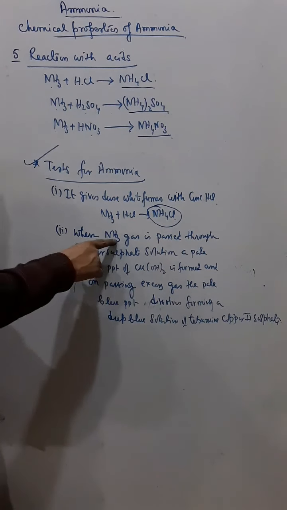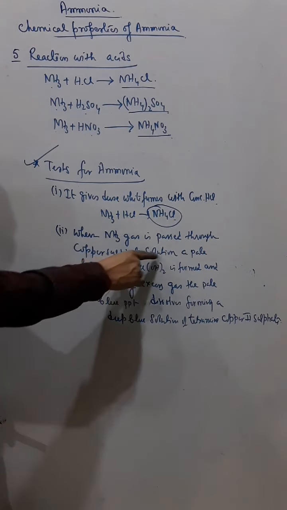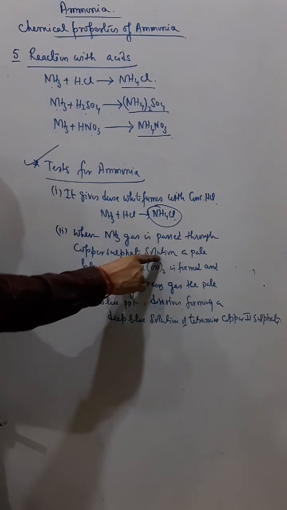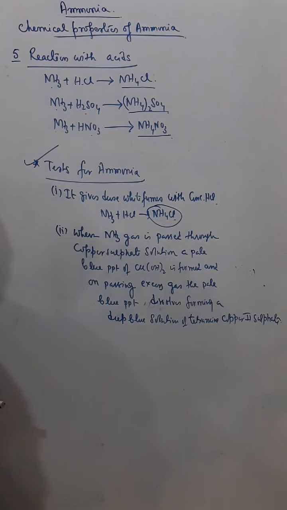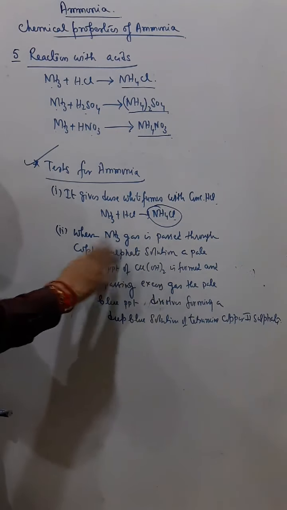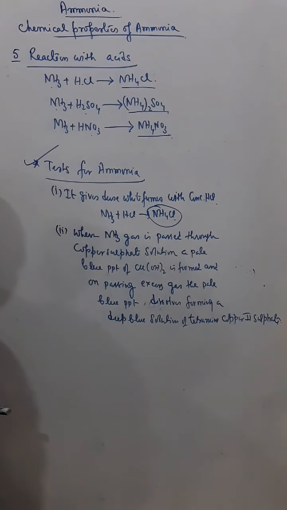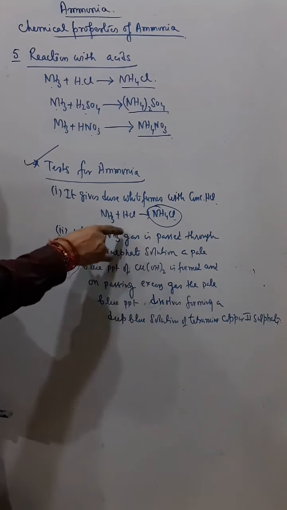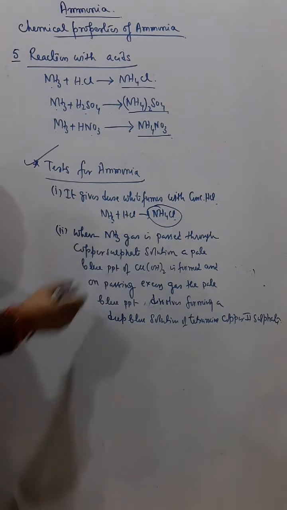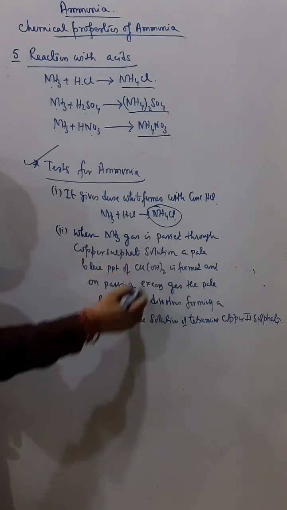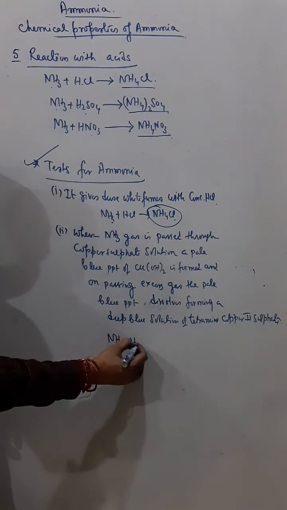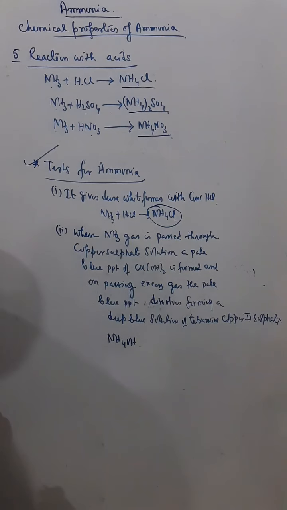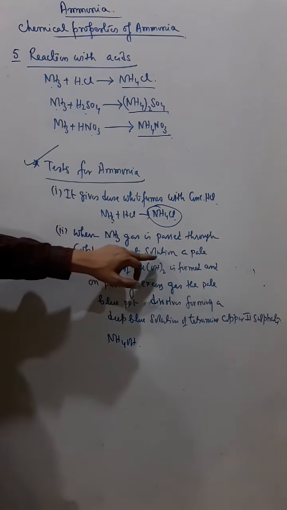In fact, when ammonia reacts with copper sulfate solution, copper sulfate solution means copper sulfate dissolved in water. So water is already there in the copper sulfate solution, and that water also reacts with ammonia. Ammonia plus water changes into ammonium hydroxide, and the water comes from this copper sulfate solution.